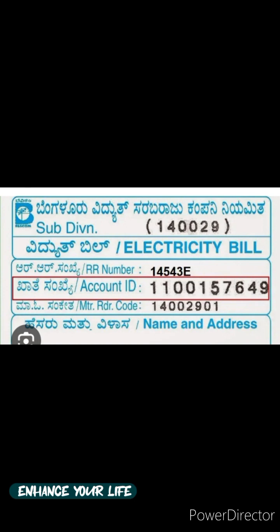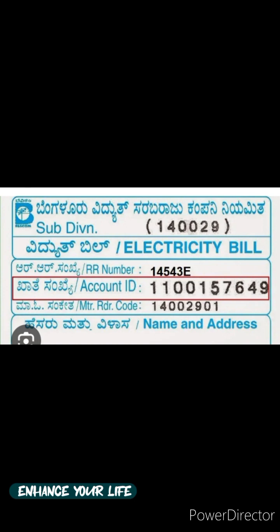Here you can see the electricity bill I have given for your reference. Here you can see it mentioned that the electricity supply company is Bangalore Vidyut Sarabaraju Company Niyamita. That means BESCOM.